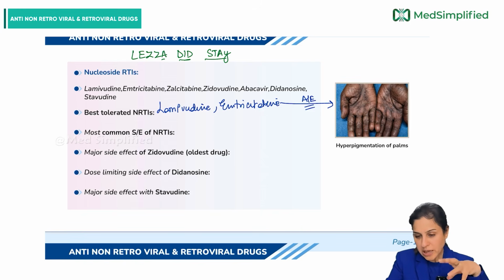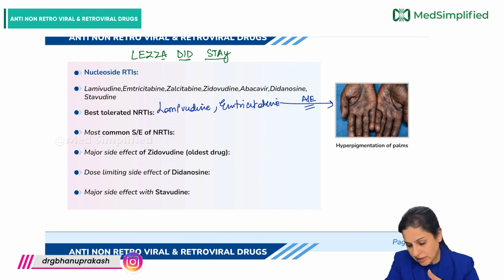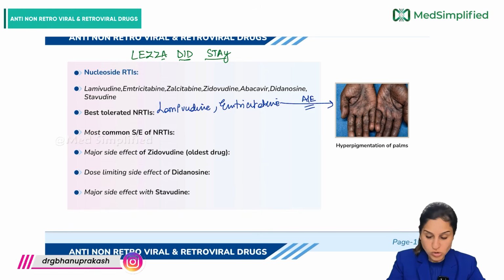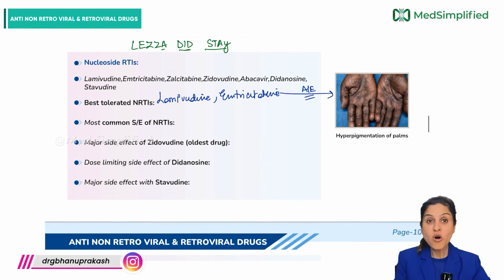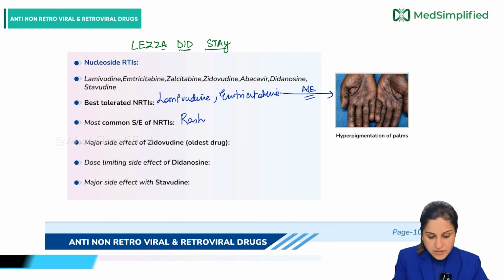So if the question is an image-based question, which of the antiretroviral drugs is associated with hyperpigmentation of the palms and soles, it is emtricitabine. Most common side effect of NRTIs are the rashes. So it's the rash. Major side effect of zidovudine.